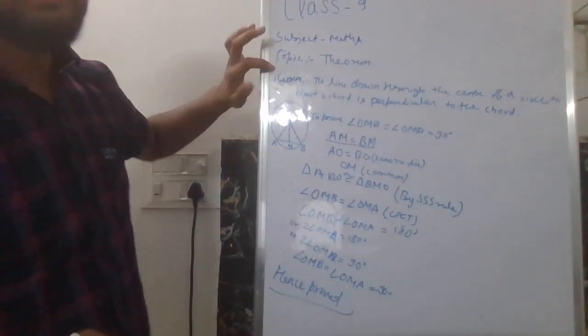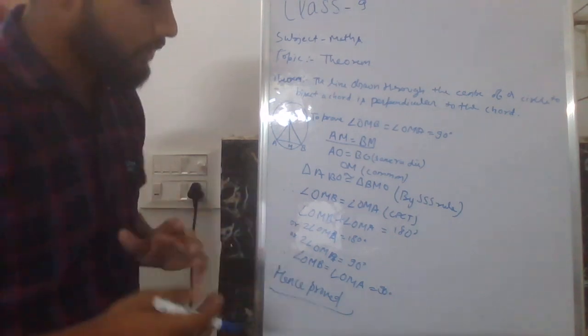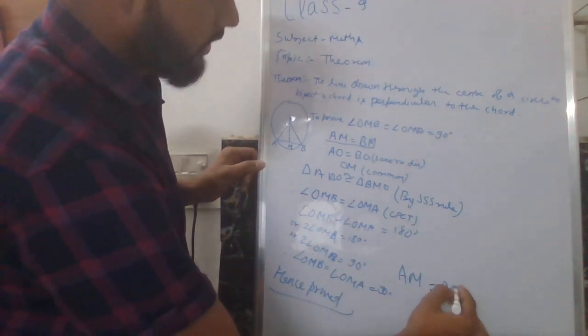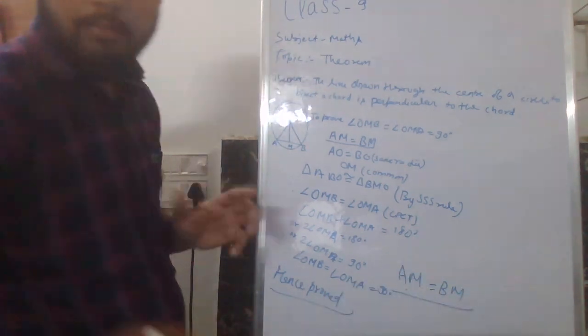I hope everyone is clear with this theorem, how we prove it: AM is equal to BM, so this theorem is proved.